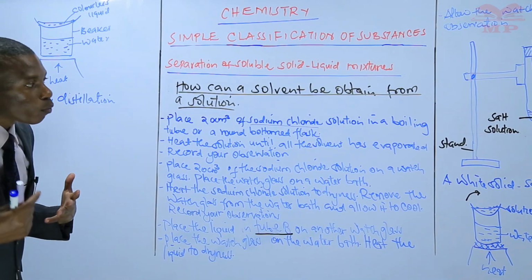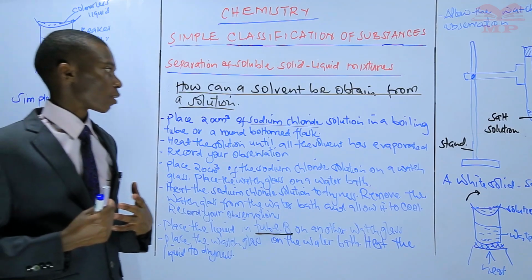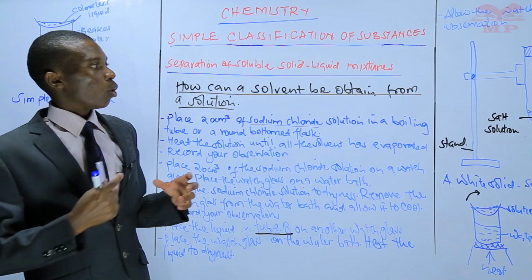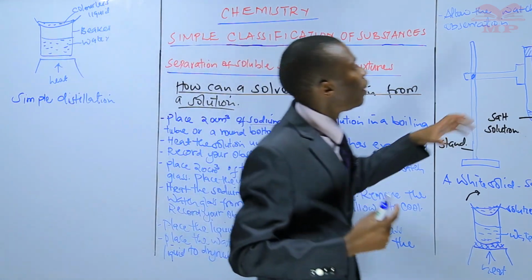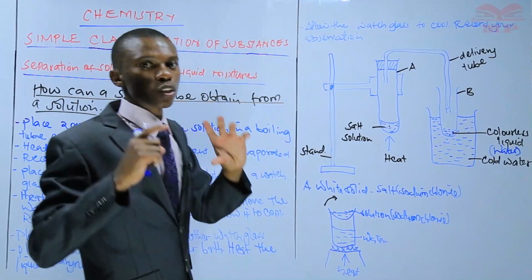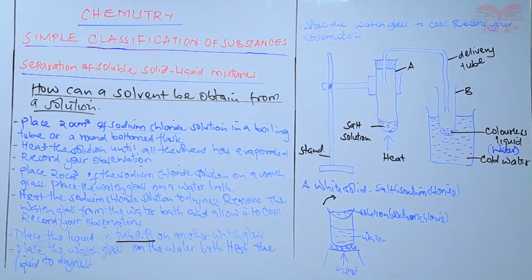If you want to improve the condensation of this vapor, then you can use another apparatus which is called a Liebig condenser.